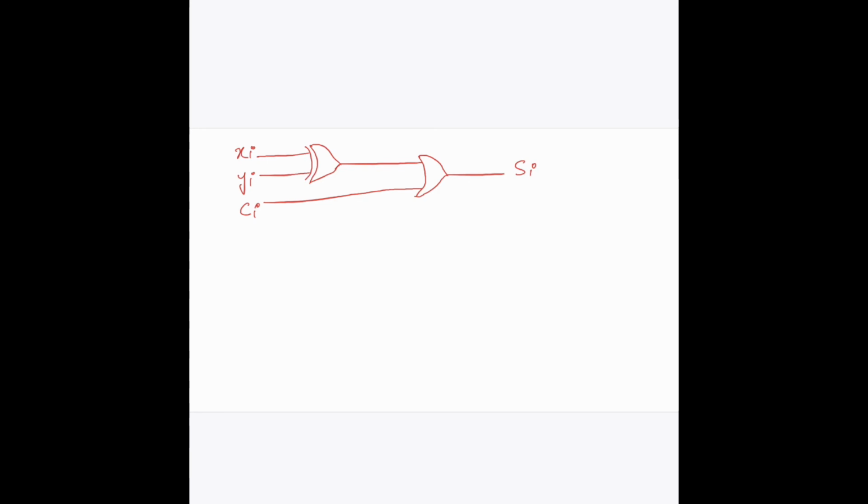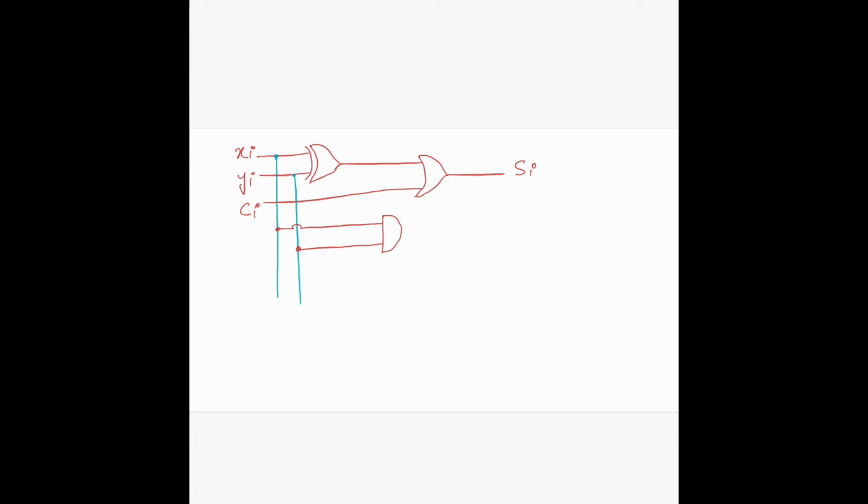Now for the carry bit, the first term we can consider is xi yi. So considering xi yi, the diagram can be drawn as x and y connected to an AND gate.